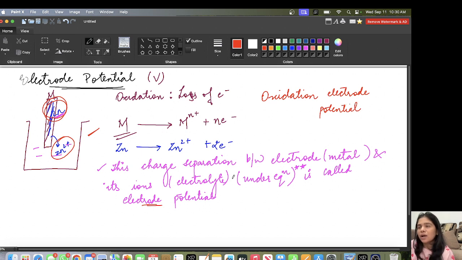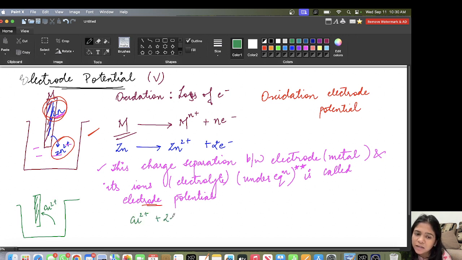Now if the reverse thing happens, remember what we did in our last concept, how reduction happens in copper. The copper from the solution was coming and attaching at the electrode, so you were getting copper. Reduction means gain of electrons.